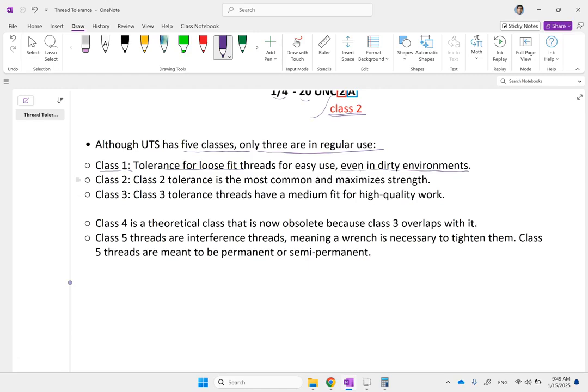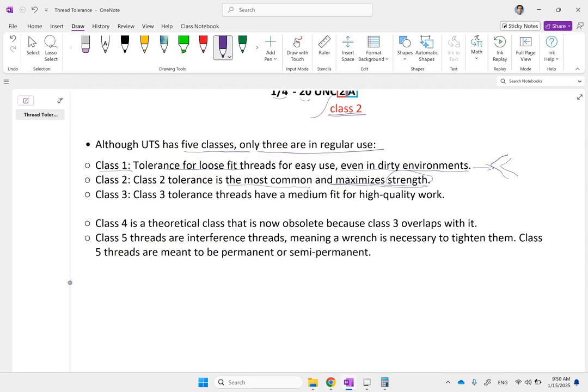Now, if you want to be able to use it in most common cases, but maximize the strength, then what does it mean by strength? Because the coarse tolerance means there is going to be more backlash and space between the teeth. And when there is more space between the male one and the female one, over time, these two will start hitting each other, and then will be fatigue.